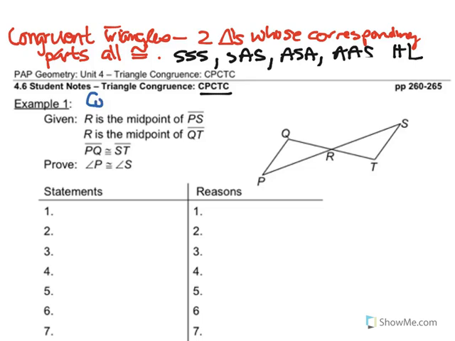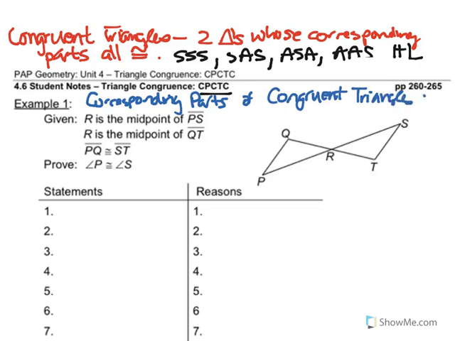It states that corresponding parts of congruent triangles are congruent. And so that's the first letter of each of these words. Corresponding parts of congruent triangles are congruent.